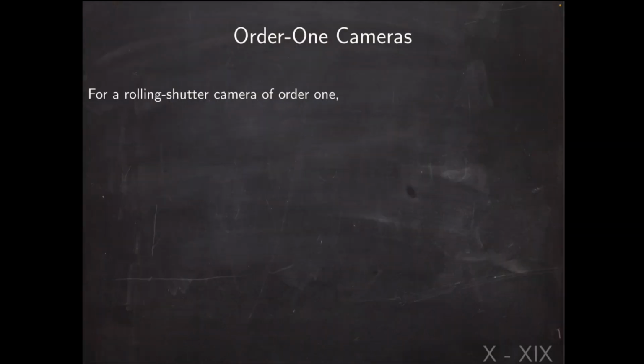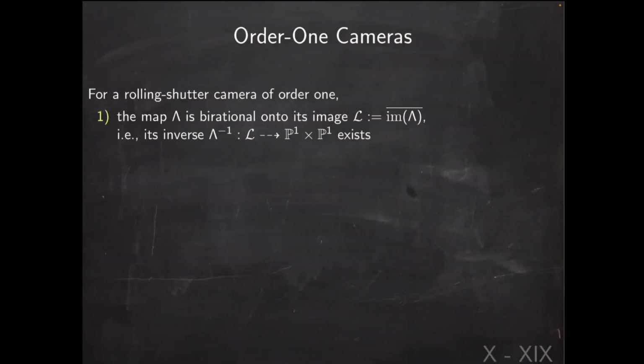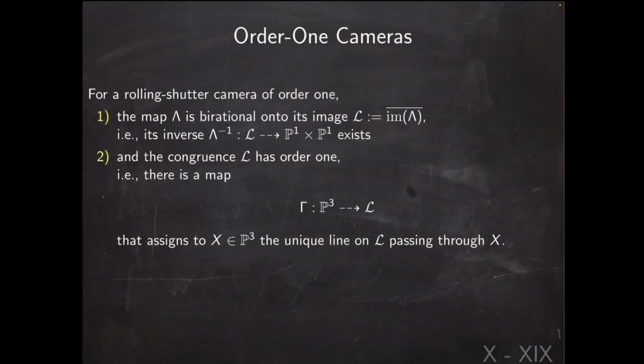I'm just using that. So since the map lambda is now birational, we can invert it. There is now a map that goes from the congruence into P1 times P1, that's nice. And second, that image congruence has order 1.